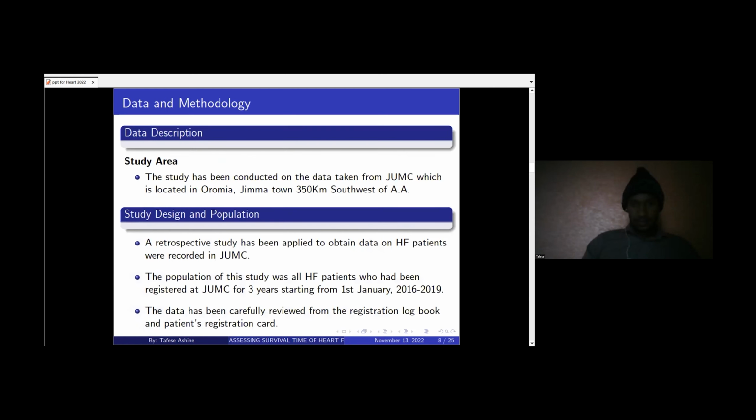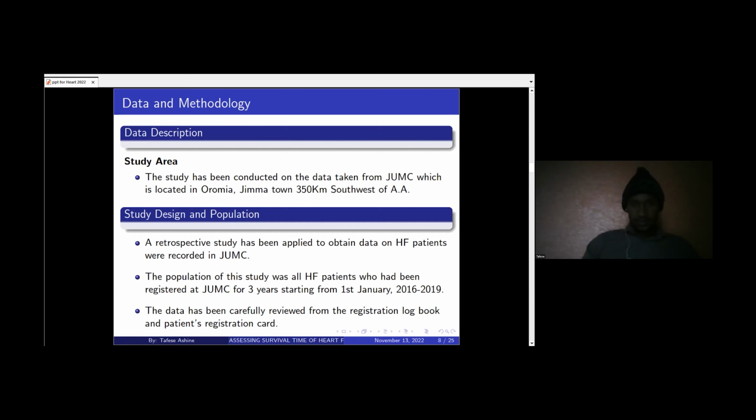Data and methodology. Data description, study area. The study has been conducted on data taken from the Jimma Medical Center, which is located in Oromia, 350 kilometers from Addis. Study design and population. A retrospective study has been applied to obtain data on referral patients who were recorded in the Jimma Medical Center.